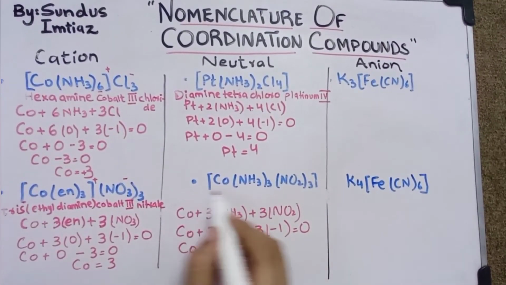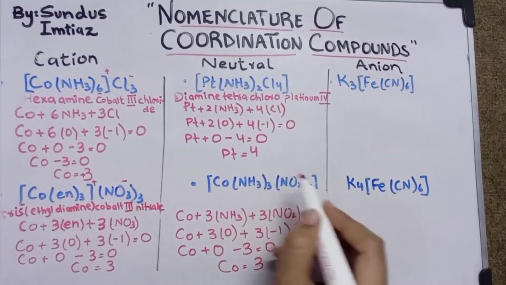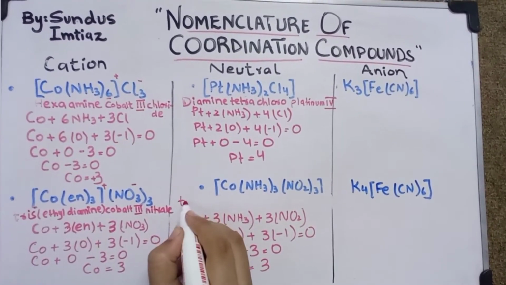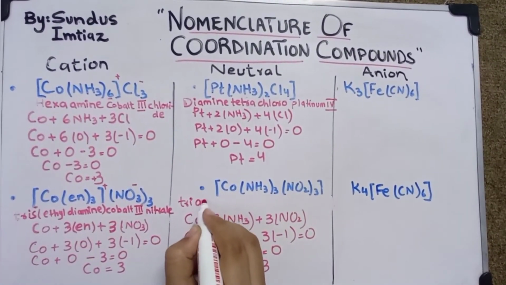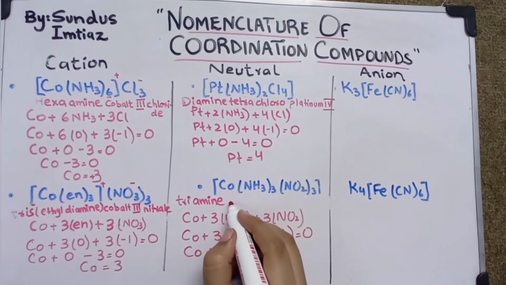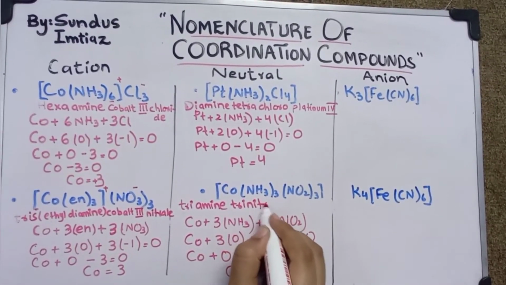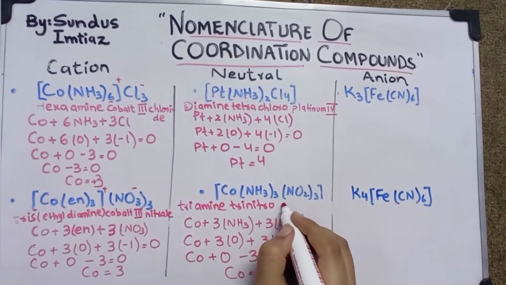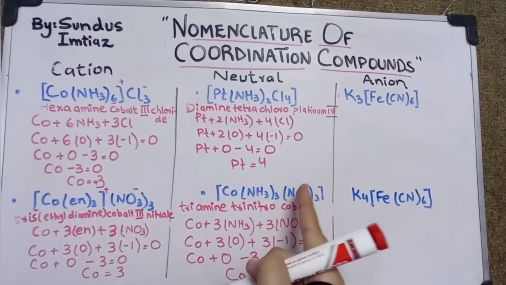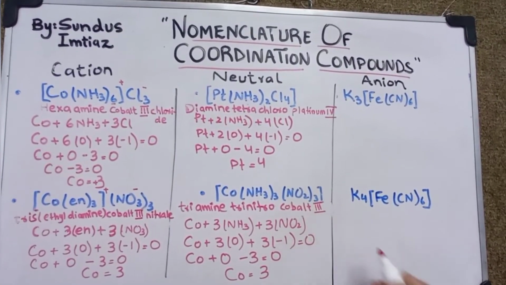Let's write its name. Of course we will start with the ligand. First this ligand, then this ligand, then this metal. Starting with triamine, 3 amine, so triamine, trinitro, cobalt. After this, write cobalt 3 in Roman numerals.